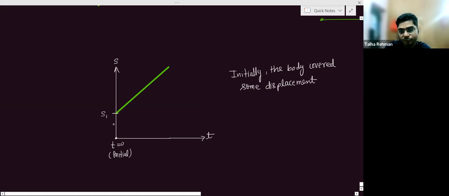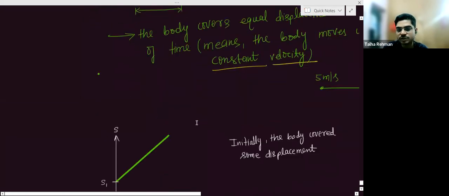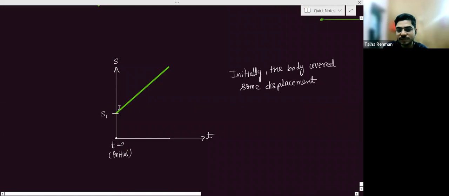What I have told you, at t is equal to 0, the displacement is s1. Initially the body has already covered some displacement, and after that the graph is a straight line. What is the meaning of a straight line graph? Constant velocity.